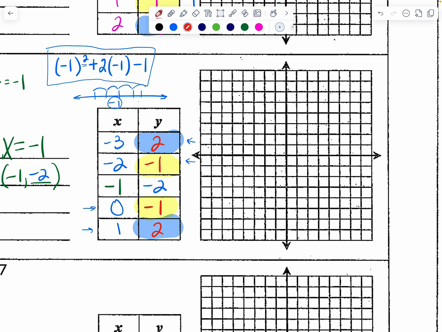Oh, here we go. So -3, 2, -2, -1. -1, -2, and then these will mirror each other. And again, making this a curve as much as possible. Just as long as it's not a V, like a strict V, then you should be good. All right? Okay, there's another example.